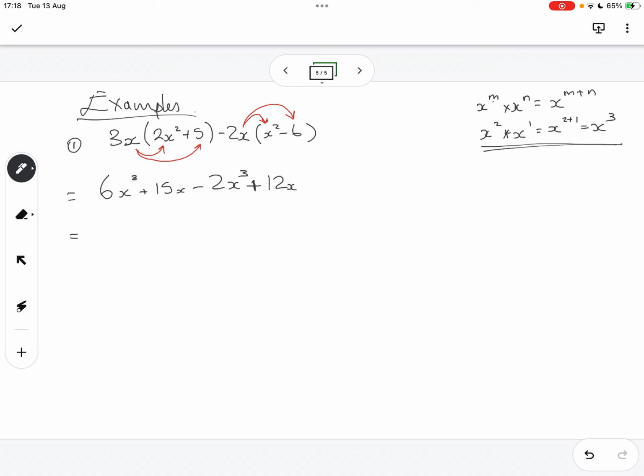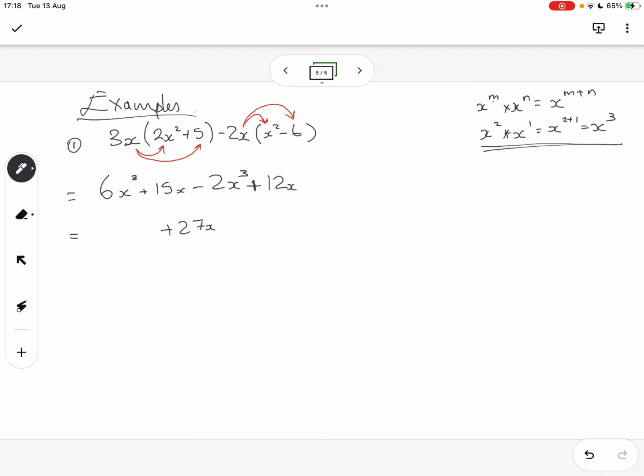Can we simplify this? Yes, we can, because we've got like terms. So what are the first pair of like terms? 15x and 12x. Okay, good. So we're going to add those two. It's going to be 15 plus 12.